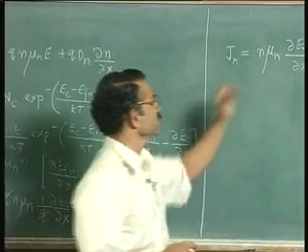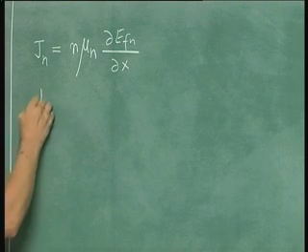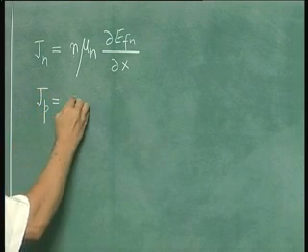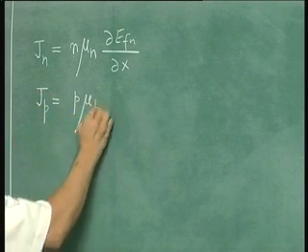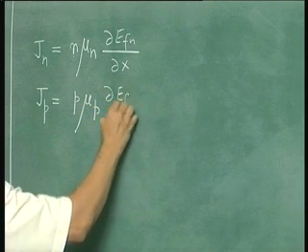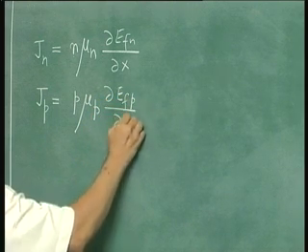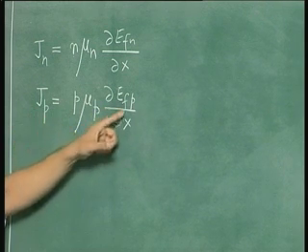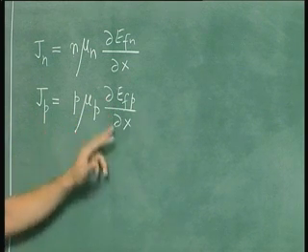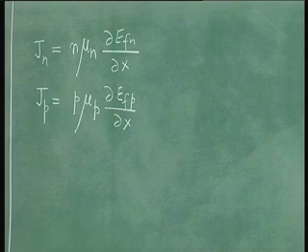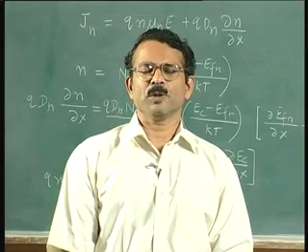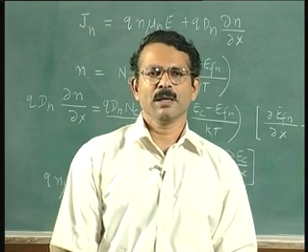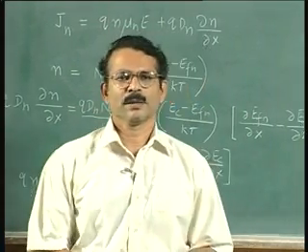One can similarly show that Jp is equal to p mu p dou EFP by dou x. That is, the whole current depends on the gradient of the quasi-Fermi level for holes. Now these are the compact forms of the transport equations in terms of quasi-Fermi level. These will be useful for us as we will see subsequently.